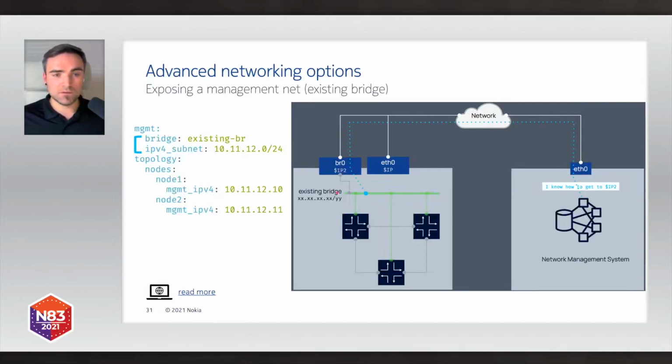By doing so, Container Lab will connect the nodes to the bridge, which has already been created by your system administrator or by yourself. Then you can address the nodes through the IP addressing available in your lab, and you do not need a route, because your NMS knows how to reach the address used in the bridge.